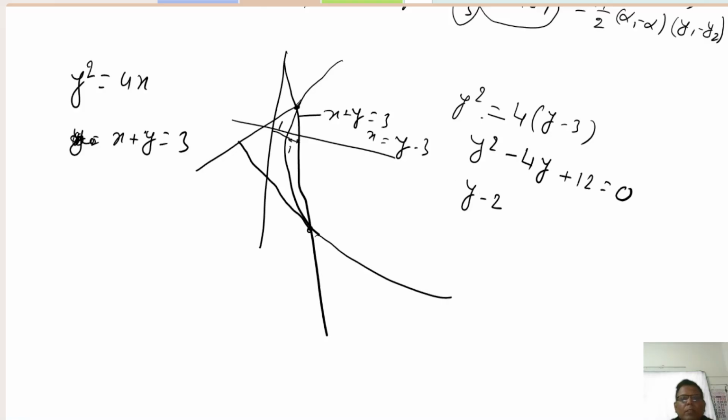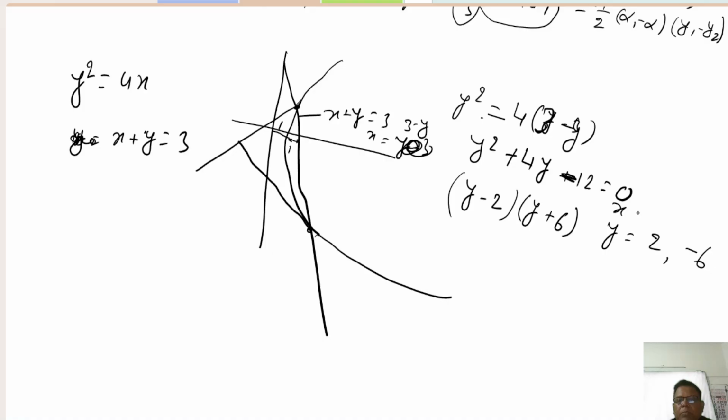So that will be y minus 2 and y plus 6. Then y is equal to 2 and minus 6.